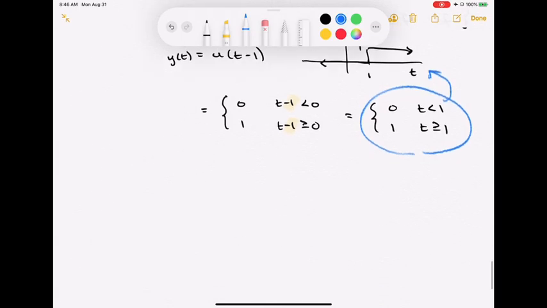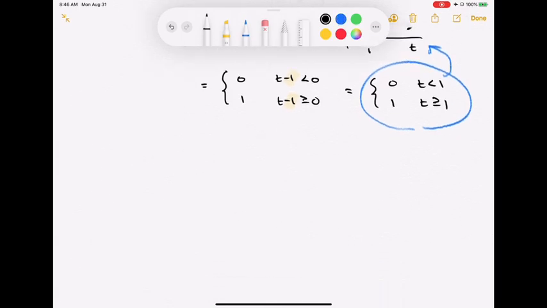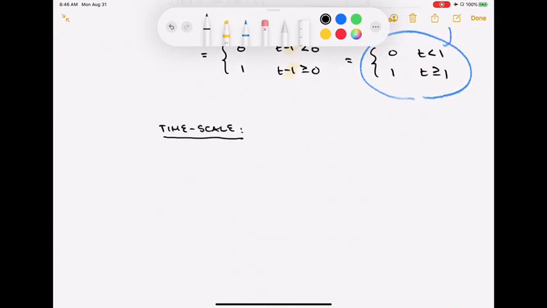Okay, let's look at a different operation. This will be the time scale operation. We had already hinted at this during our previous example that involved that question that we started this part out with. And so a time scale looks something like this. y of t equals x of a times t. So I'm multiplying the independent variable now by a factor a.